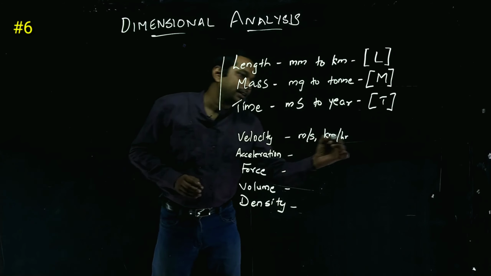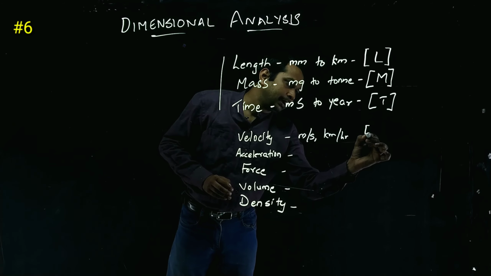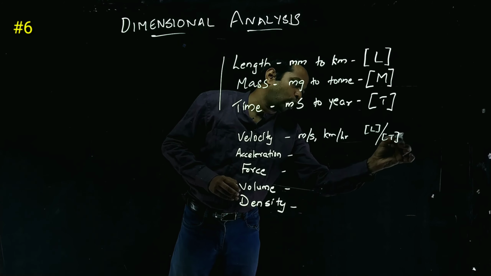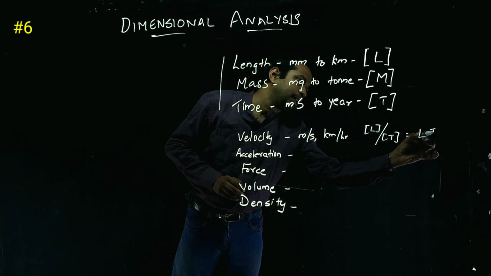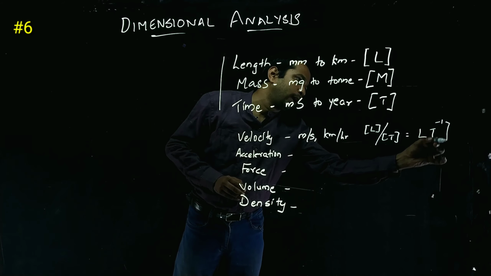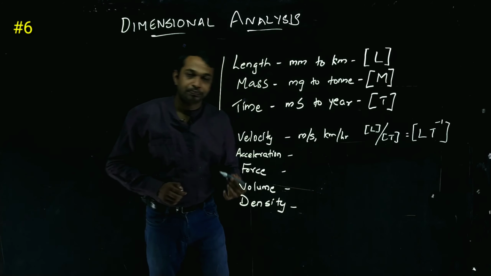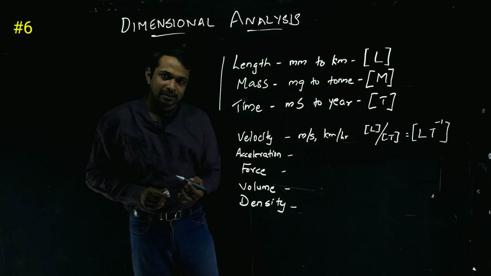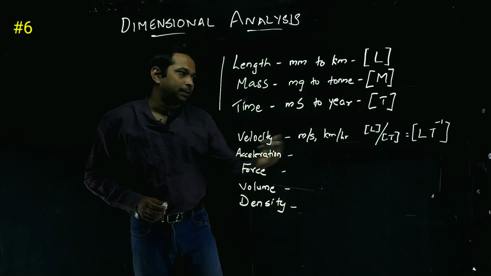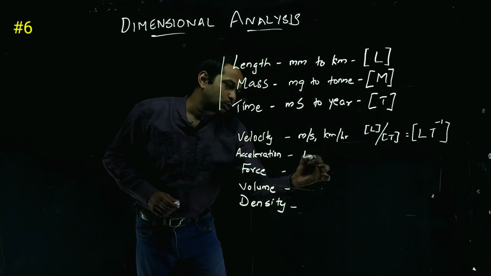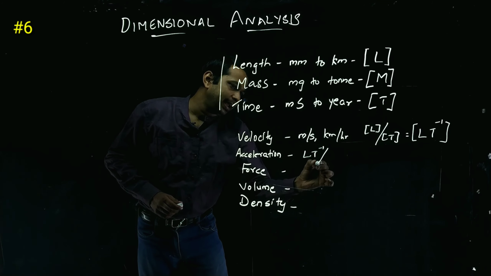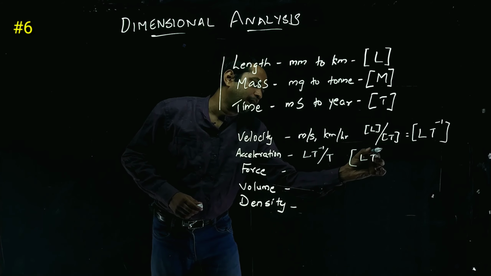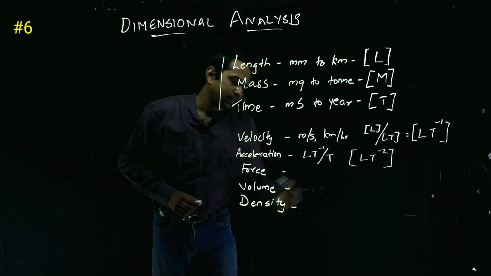So we can write velocity as distance by time, or LT raised to minus 1. Understood? Similarly, acceleration, what is it? Velocity by time, LT raised to minus 1 by time, which is LT raised to minus 2.